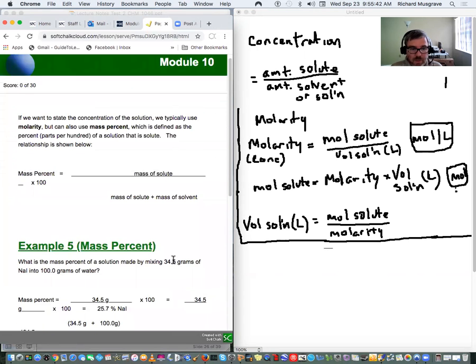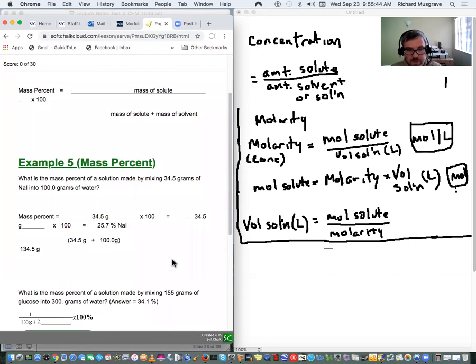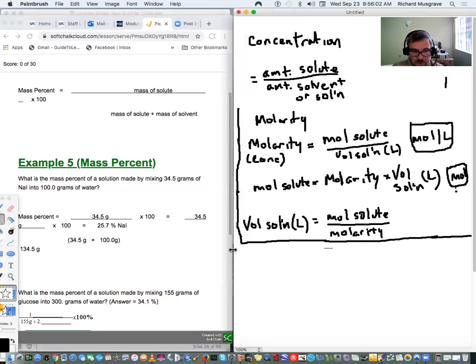Now, I mentioned mass percent before as another means of expressing concentration. But let's say you had something like, what is the mass percent of a solution made by mixing 34.5 grams of NaI into 100.0 grams of water? So if you've got a mass percent, I'll just do it in general terms here first.